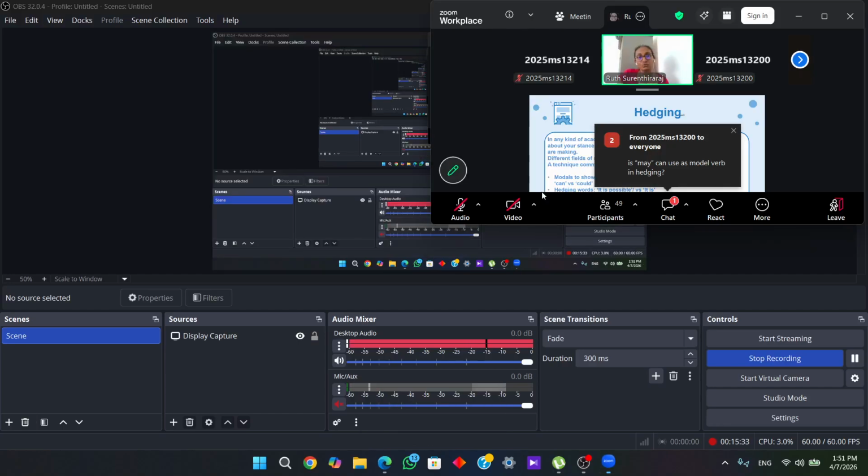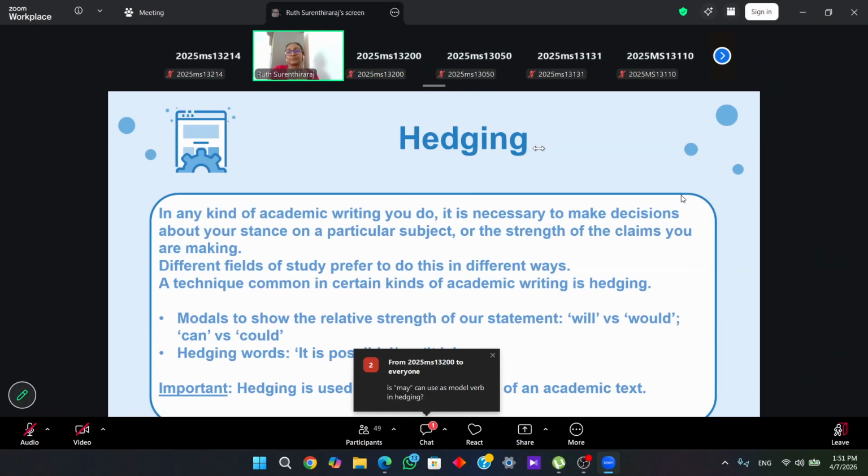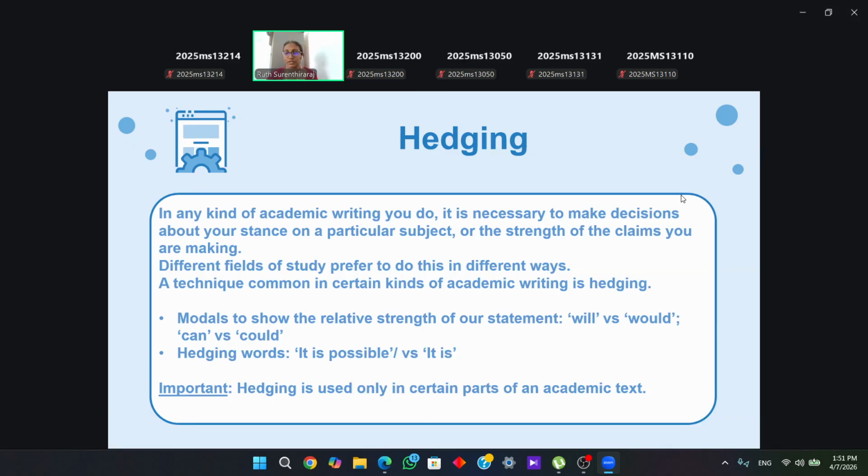Yes, may can be used as a modal verb, sure. May is one of the modal verbs. The others are will, can, could, should, right? Most of the time we use may, could, and can. Those three are mostly used for hedging. Words like should will come when you want to recommend something.